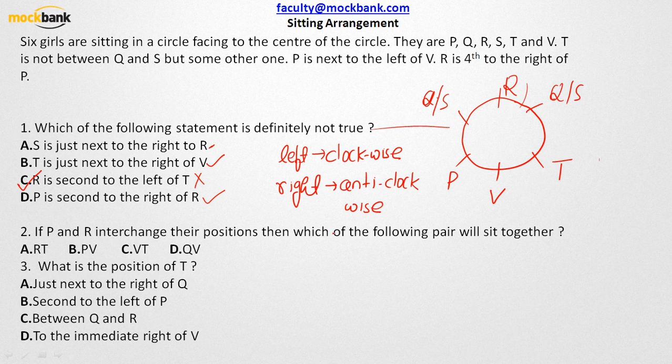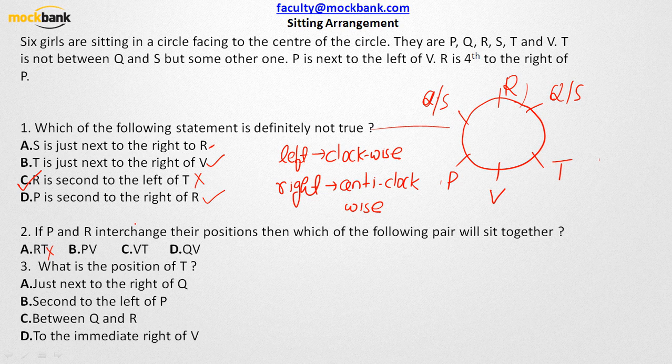Now let us see another problem. If P and R interchange their positions, then which of the following pair will sit together? So P and R are interchanging their positions. So RT for sure is not going to be the answer, they will not be together. How about PV?